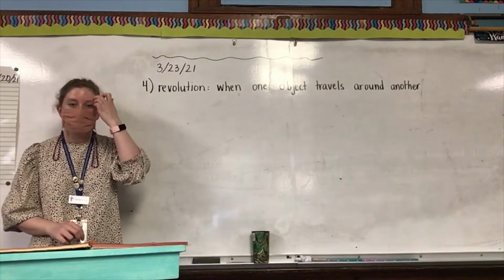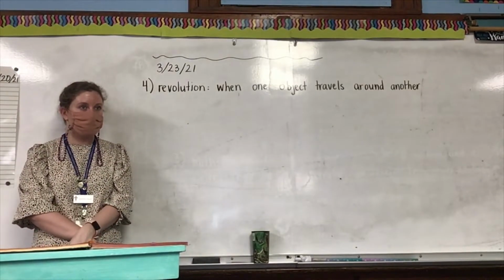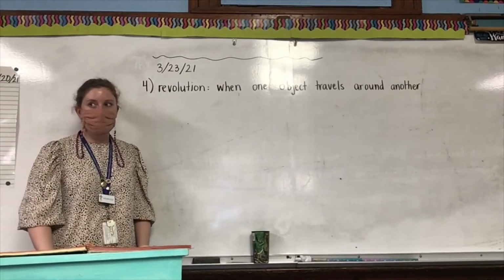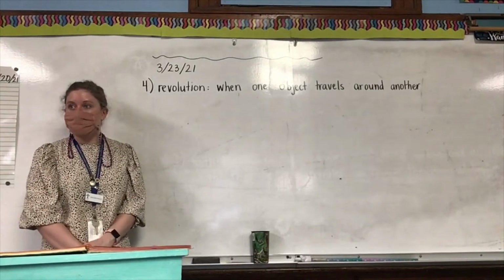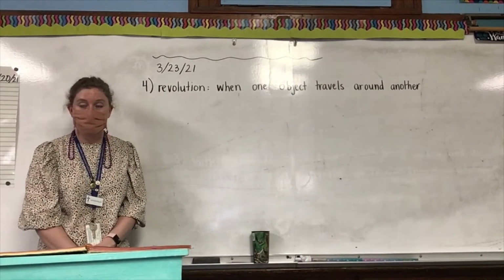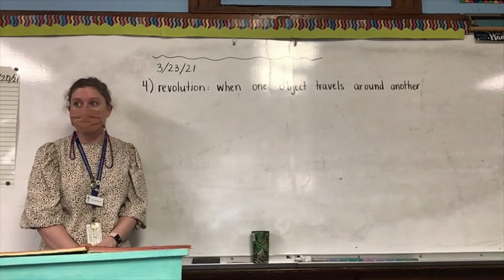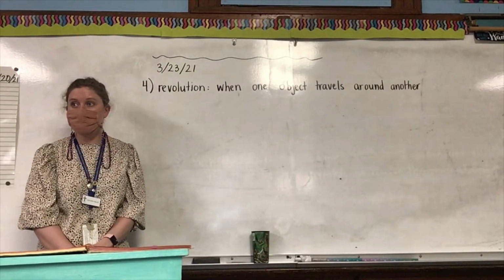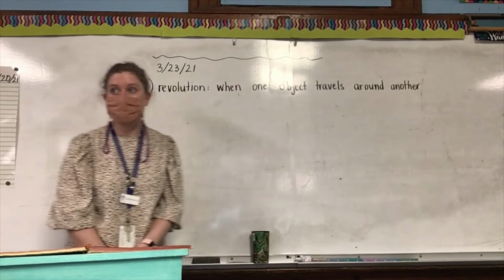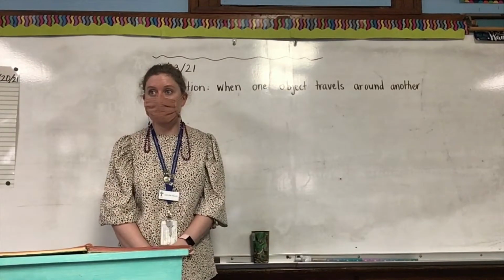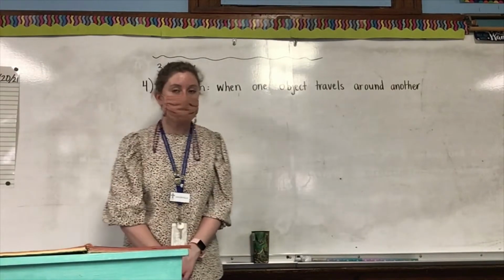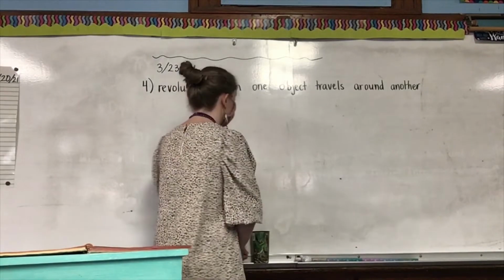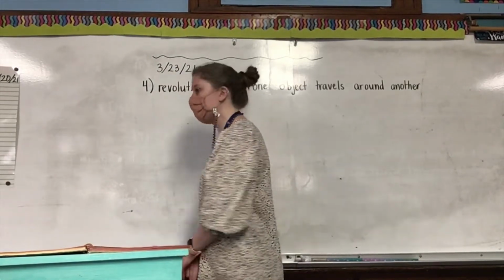Are rotation and revolution the same thing? Victoria? No, because what is rotation? Rotation is when you spin around, but you don't spin around an object, you just spin around. Good. Rotation is when I do this. I'm spinning in one place.